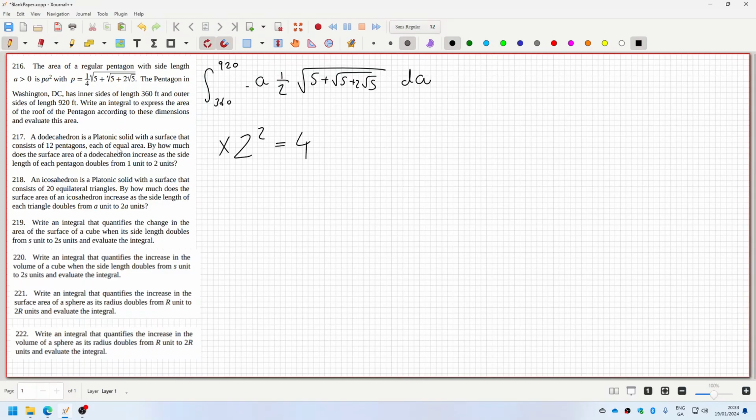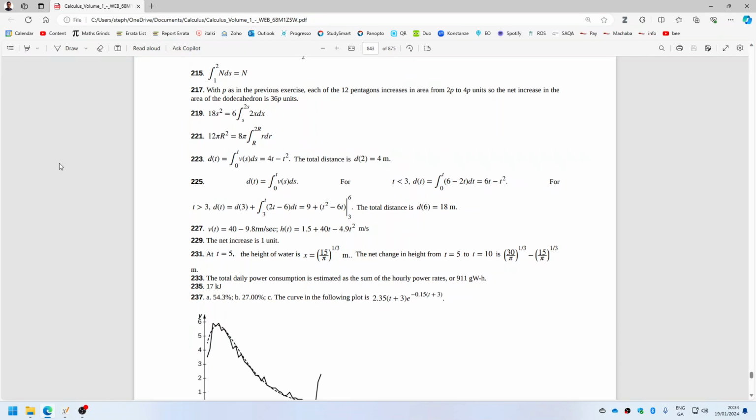So is it what the area they wanted? With P as in the previous exercise, each of the 12 pentagons increased in area from 2 to 4.